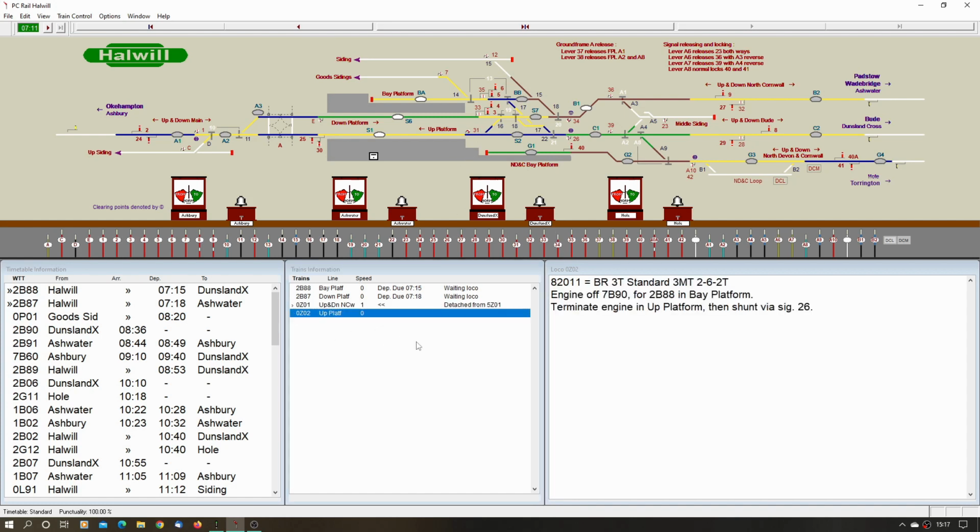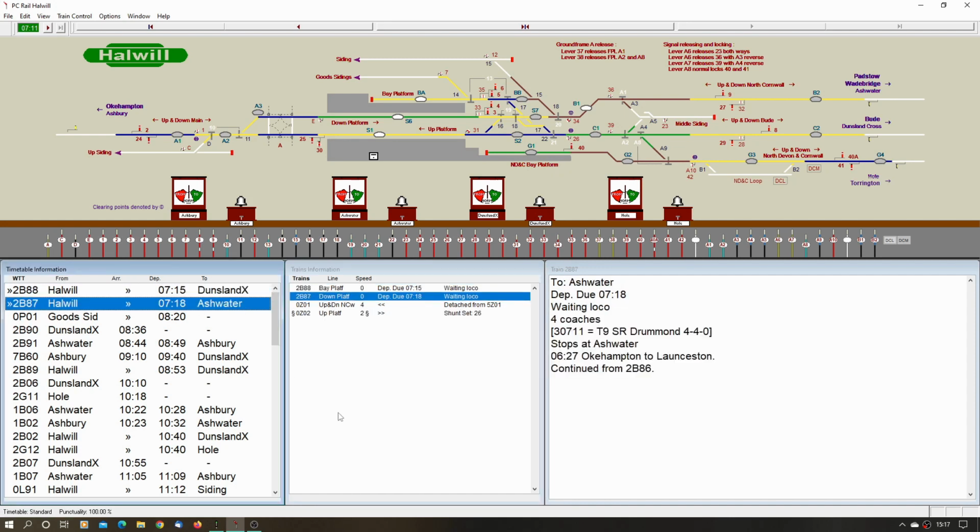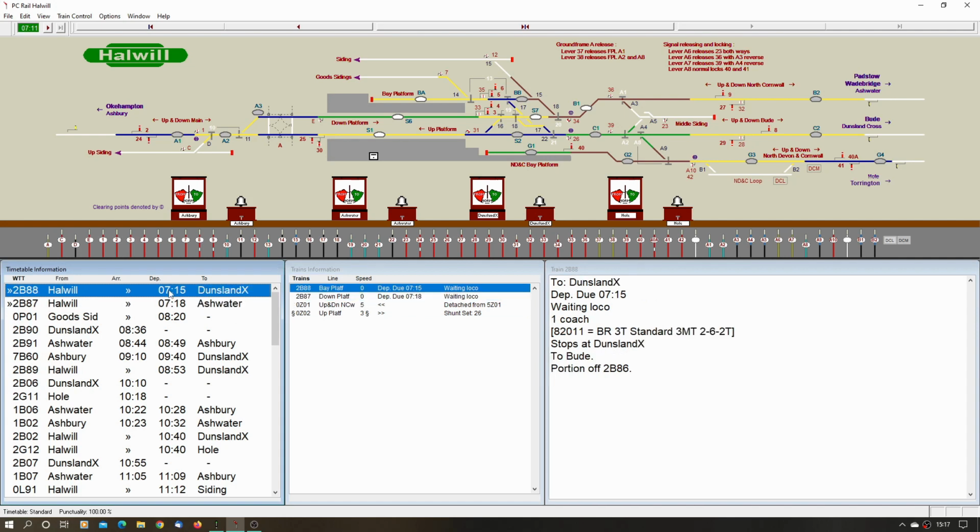This one now is terminated in the up platform, so I can move that one behind 26. So that's shunt to 26. Right, as you can see, very tight timings. So 2B88 is from the down platform, so that one goes across.